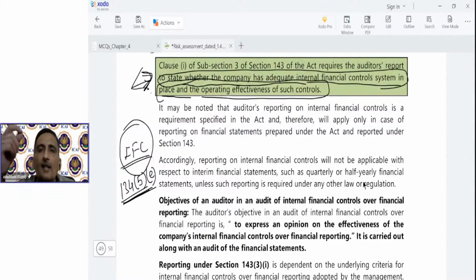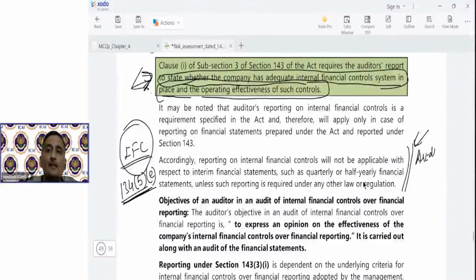Under section 143 of Companies Act, he has to report whether the company has adequate internal financial control system in place in first part, and second, the operating effectiveness of such control, whether the controls are effective. So this requirement is only when he is giving a report on the audit of financial statements.